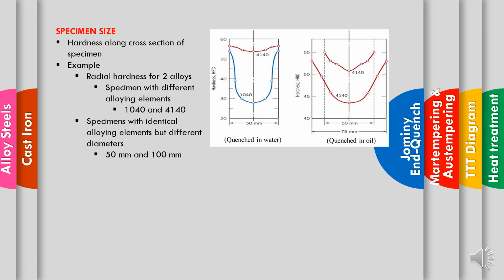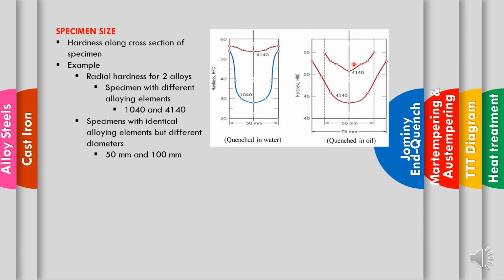For the specimen size, here we can see two specimen sizes in diameter, 50 mm versus 75 mm, during the hardenability test.